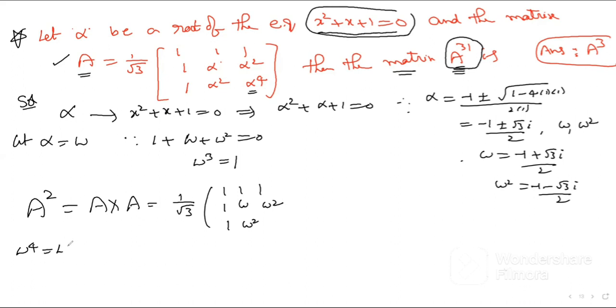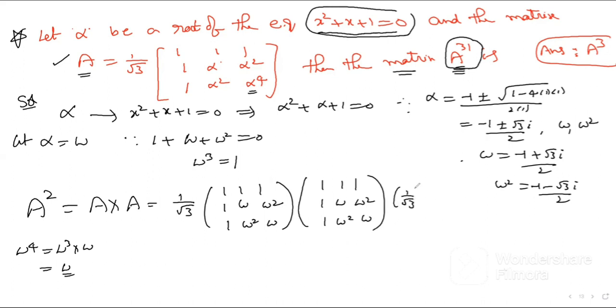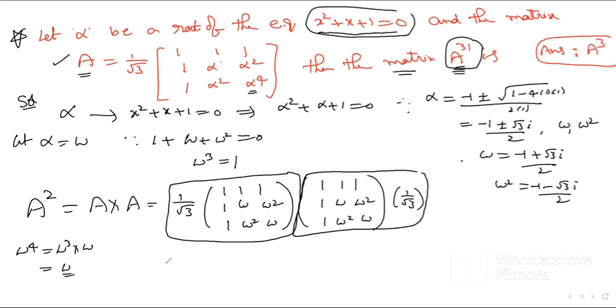Here alpha is replaced by omega. Omega to the power 4 is omega cube into omega, and omega cube is 1, so 1 into omega is omega. A into A is equal to A square. 1 by root 3 into 1 by root 3 gives 1 by 3.